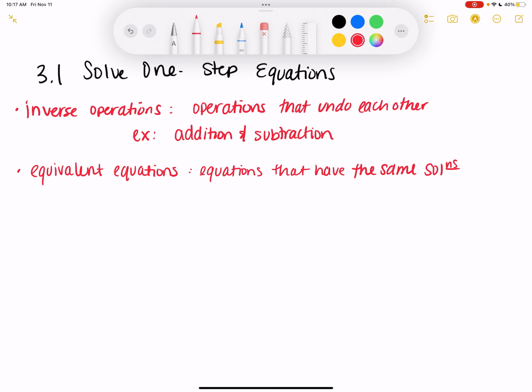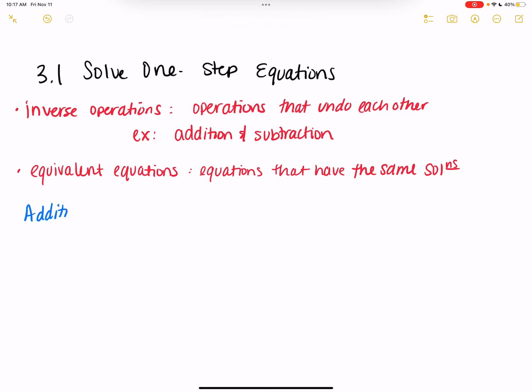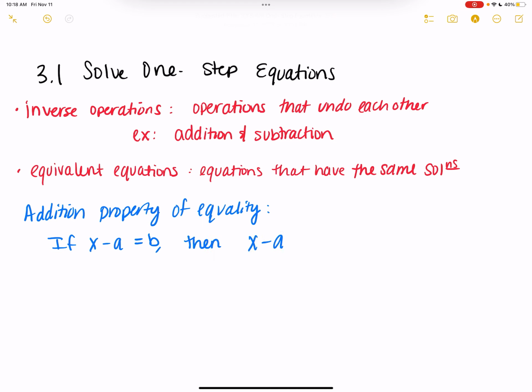So we're going to have a couple properties that we'll be using along the way. First we have the addition property of equality. It says that if x minus a is equal to b, then x minus a plus a is equal to b plus a, or x is equal to b plus a.